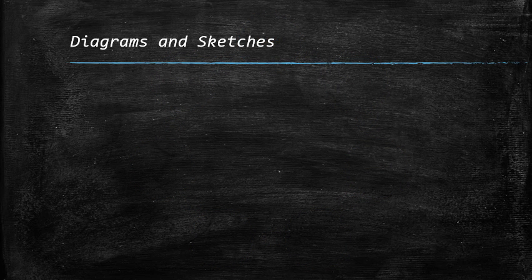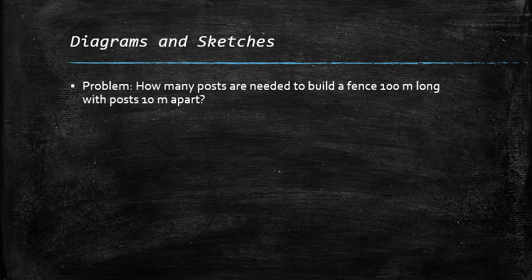For example, to illustrate diagramming and sketching, suppose we have a problem like: how many posts are needed to build a fence 100 meters long with posts 10 meters apart?